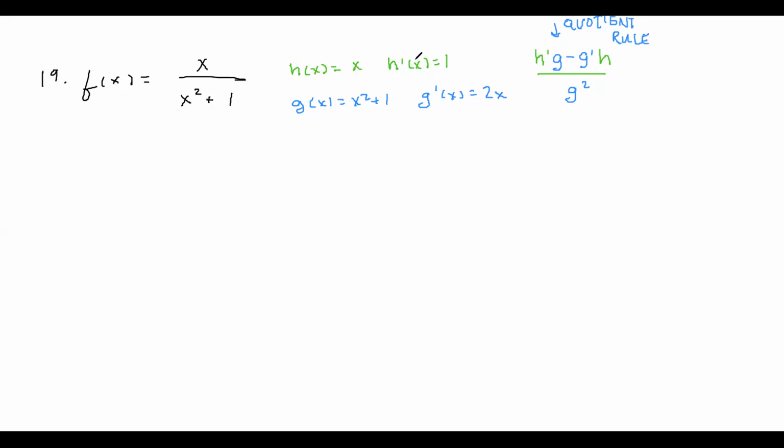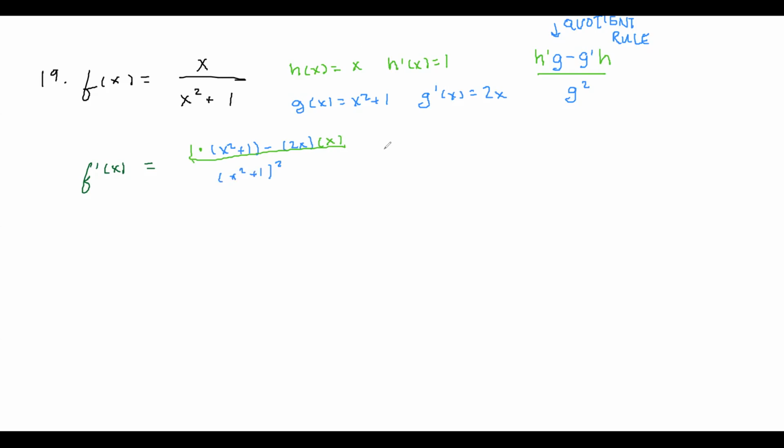So I'm going to end up with f prime of x is equal to 1 times g, which is x squared plus 1, minus 2x times x, over x squared plus 1 squared.